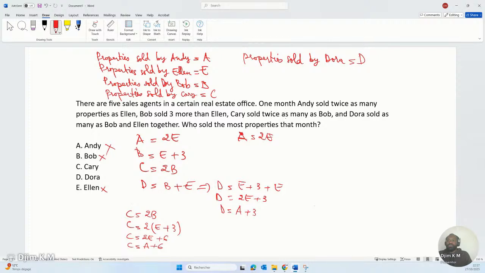So, A plus 6 and A plus 3. So A plus 6 is superior. So C is greater than D. Right?